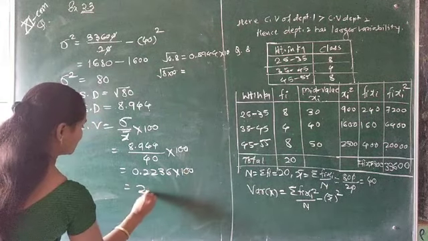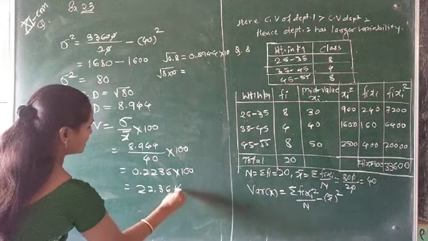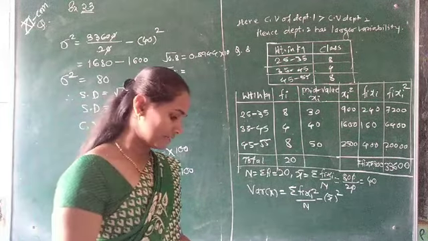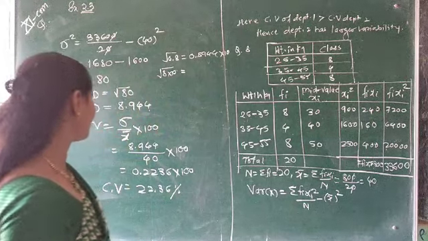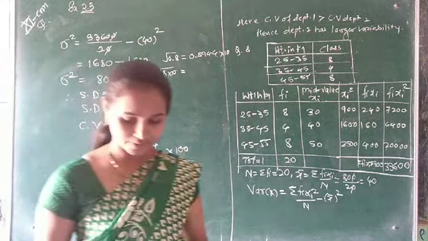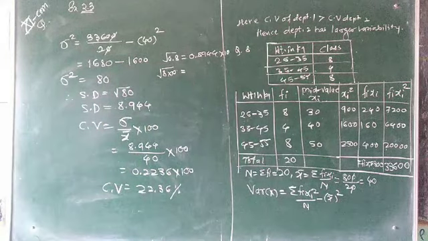That is 22.36%. CV is always in percentage. Then the coefficient of variation for the student is 22.36%. Now see the next question, which is a very easy question also.